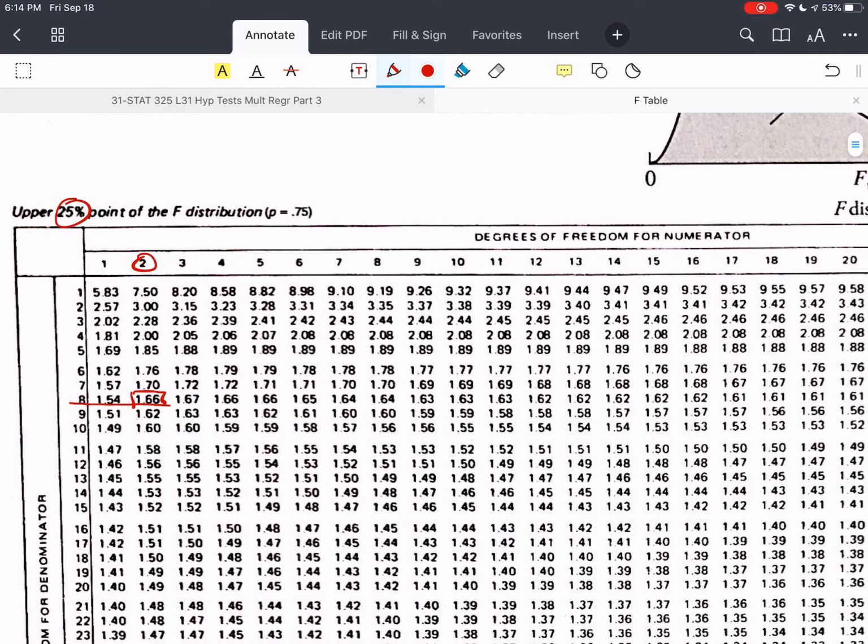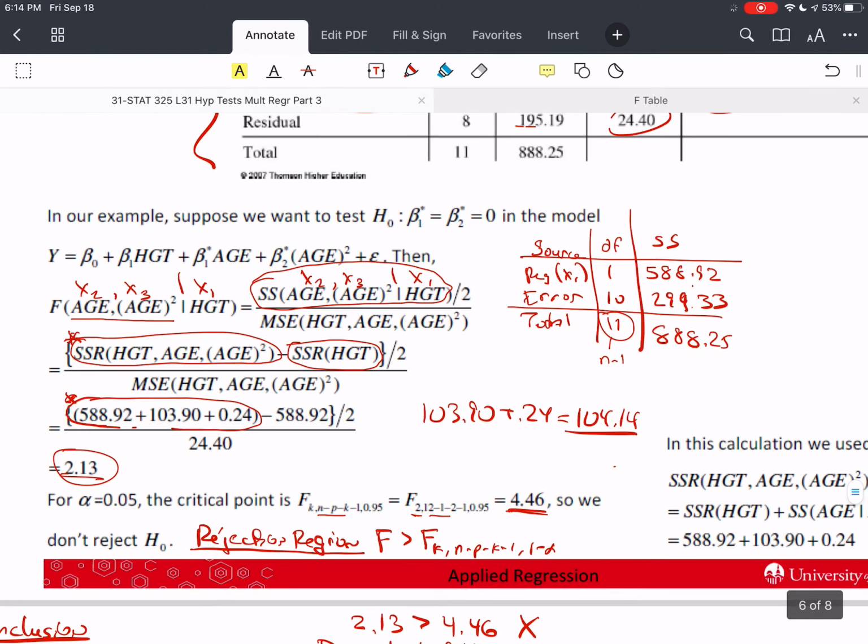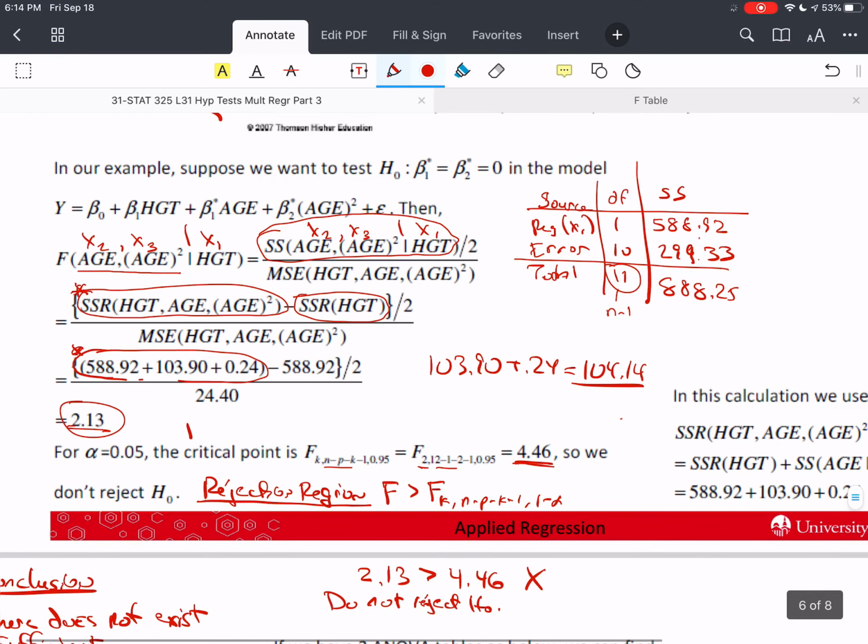So the P here is between 0.1 and 0.25, okay? And it's real close to the middle between those two. And so it's definitely not significant. Grouping both of them together, the X3 is hurting the chances of X2 to get added into the model.